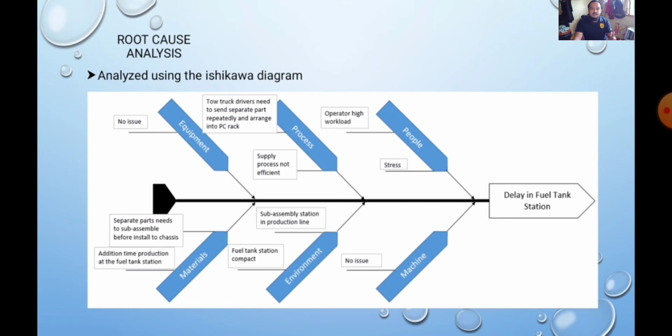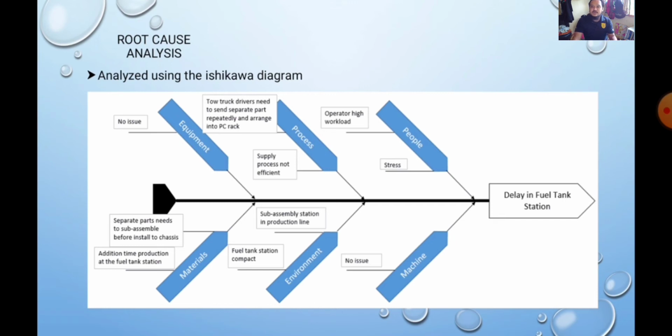So based on the problem identified, the tow truck driver needs to send separate parts repeatedly and arrange them into the PC rack, because the supply process is not efficient. The operator experiences a high workload from the additional sub-assembly process, which stems from the people category and will cause ergonomic issues.